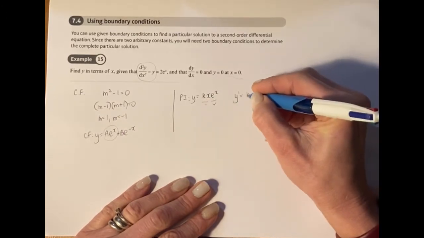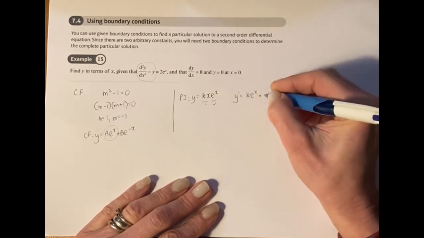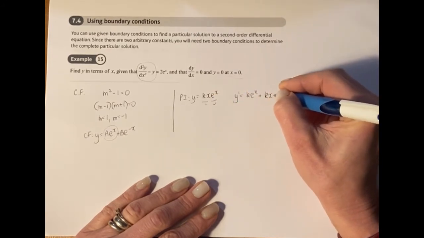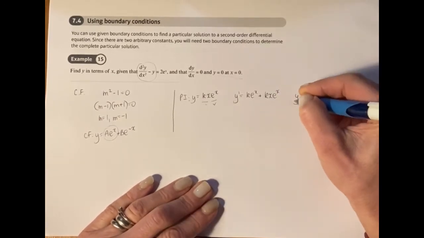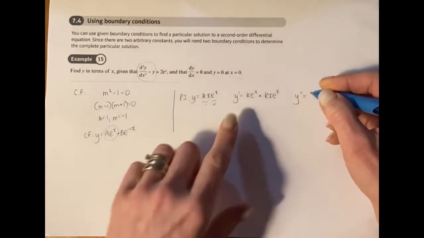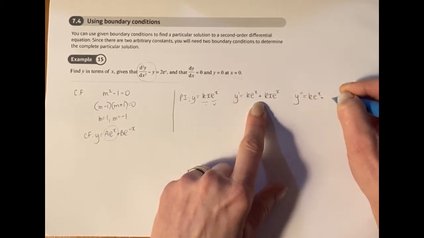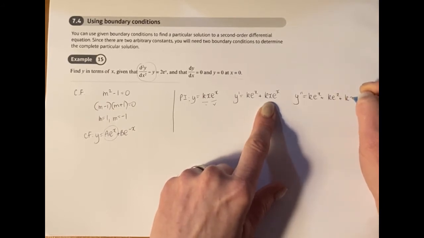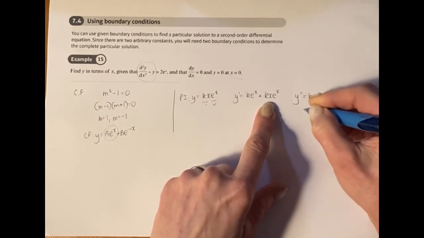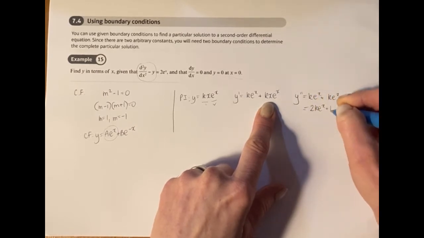So it's going to be k e to the power of x plus kx e to the power of x, since e to the power of x differentiated is the same. The second step is to differentiate the first derivative. So that's already k e to the power of x, and I've already differentiated it because it's exactly the same as our function y. So it's 2k e to the power of x plus kx e to the power of x.